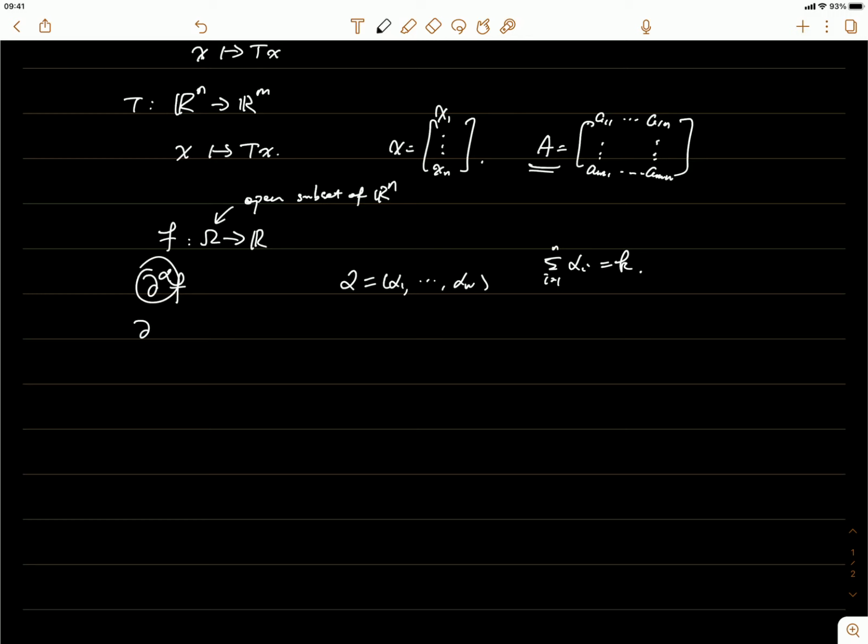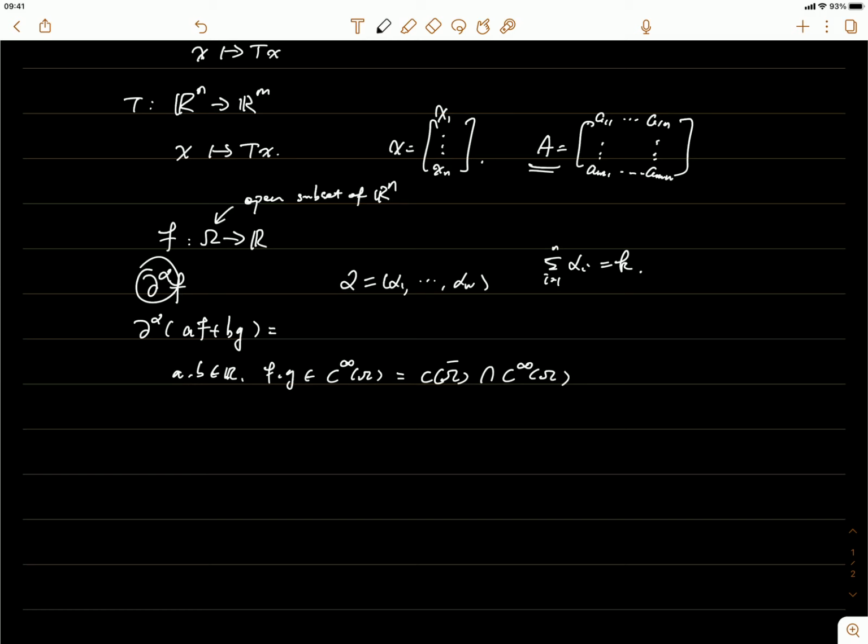The reason is when you apply this to a f plus b g, where a and b are real numbers, and f and g are in C infinity of omega, so when I read this, it usually means this function is continuous up to the boundary, and also infinitely many times differentiable.